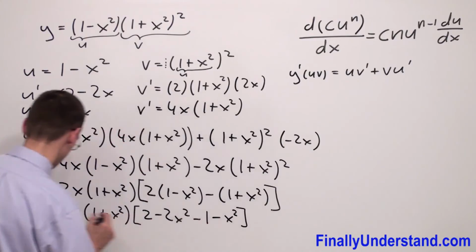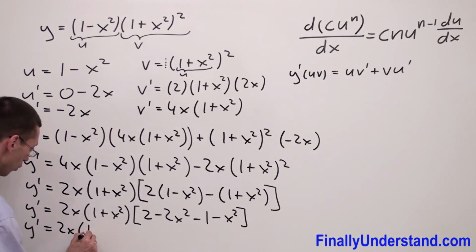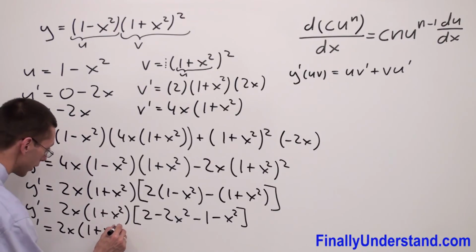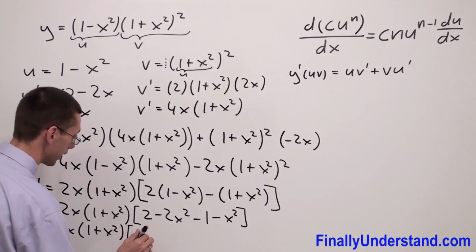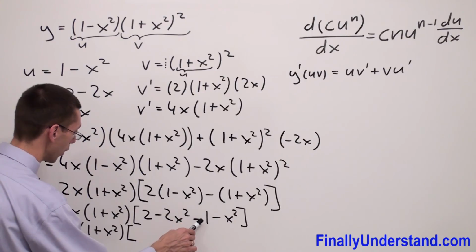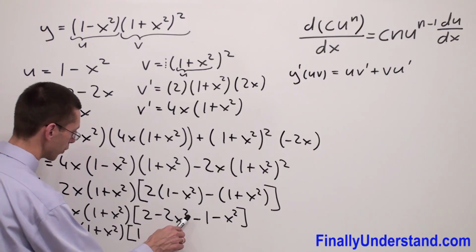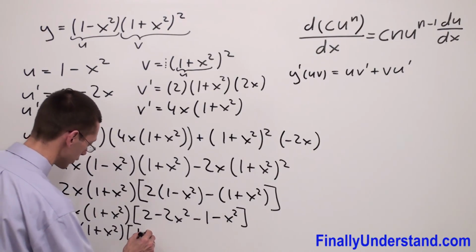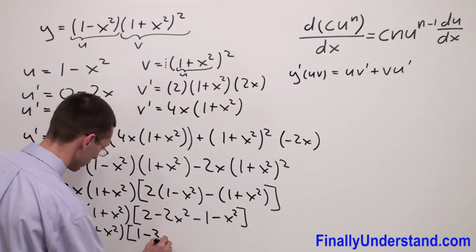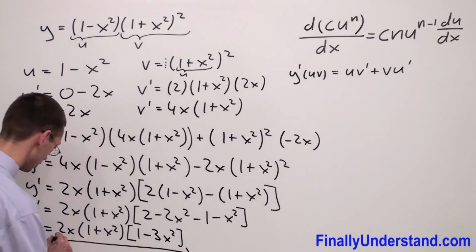Okay, so I have y prime is equal to 2x times 1 plus x squared, and I have 2 minus 1 is equal to 1, negative 2x squared minus x squared is equal to negative 3x squared. And this is the solution to my problem.